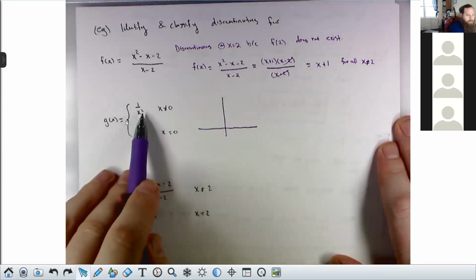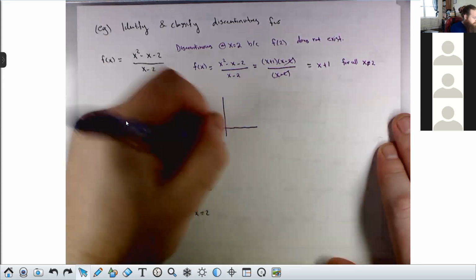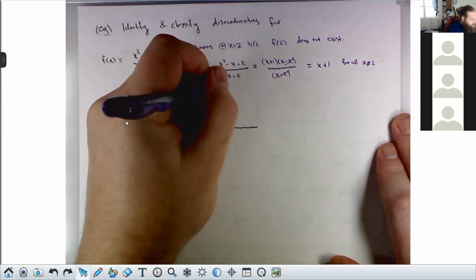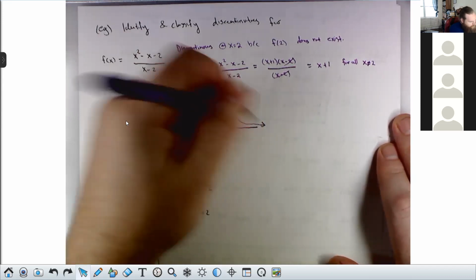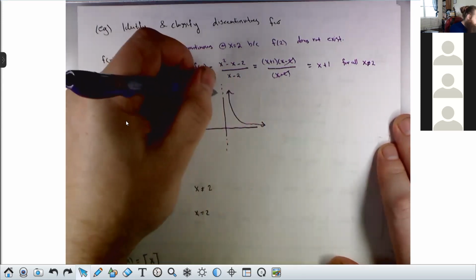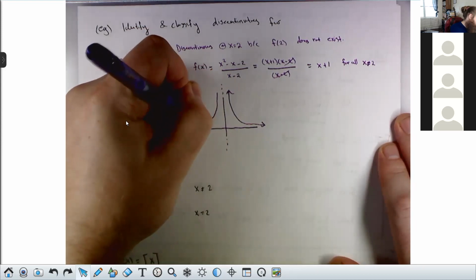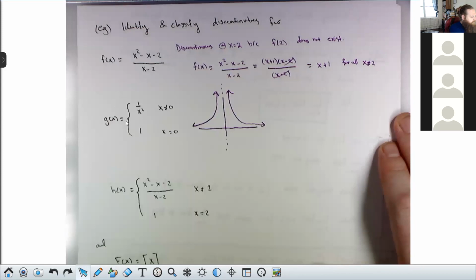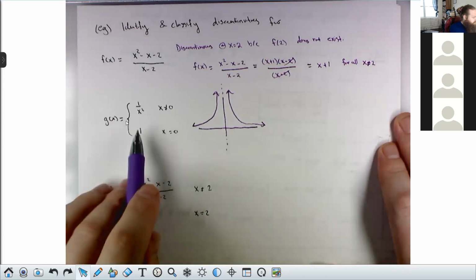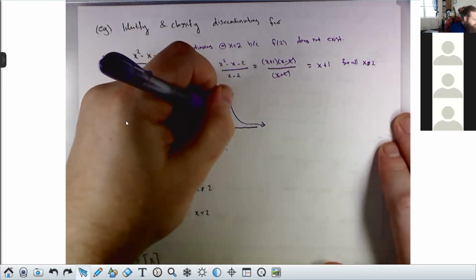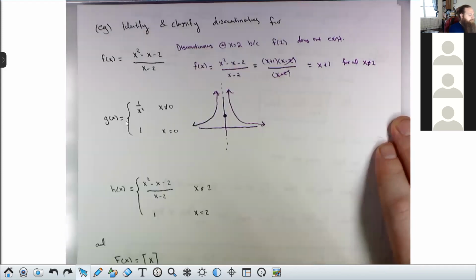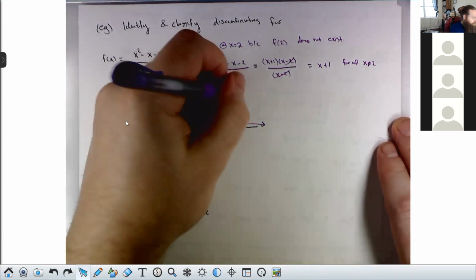It looks like 1 over x squared anywhere aside from at x equals 0. And we know 1 over x squared is a rational function. This graph looks like this. This is certainly one we should know, and it's a power function. But then we also define g of 0 to be equal to 1. So that's the graph of g of x.